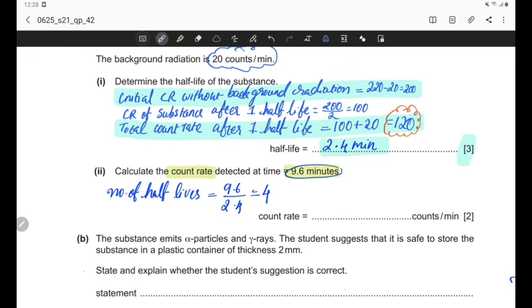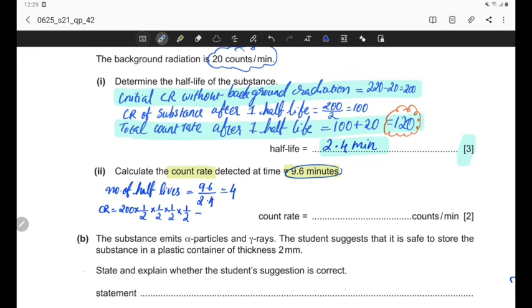So now we can check what the count rate will be after 4 half-lives. The initial count rate was 200. After one half-life it will be half of that value. Second half-life, again half of the value. Third half-life, again half of that value. And fourth half-life, again half. So you have to multiply by a half 4 times.